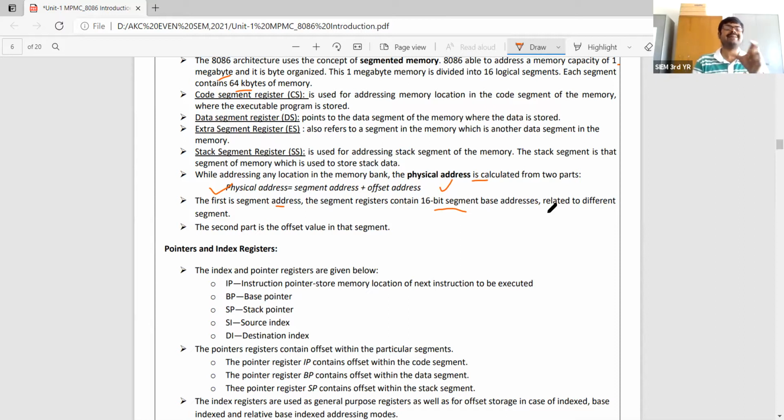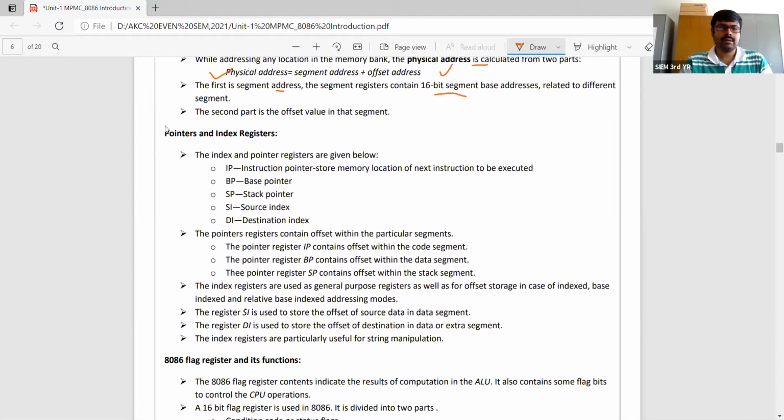The first is the segment address. The segment register contains a 16-bit segment base address. So 16-bit is the classification related to the different segments that are associated. The second part, obviously, is the offset value in that segment.